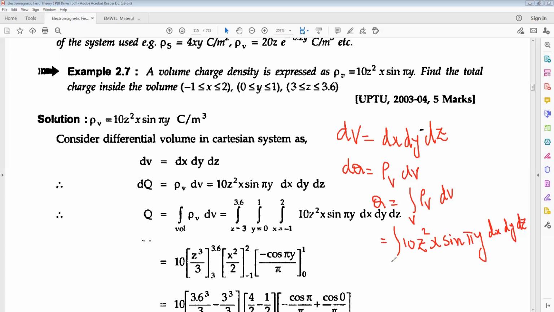So with respect to x, one integral, with respect to y, another integral, and with respect to z, another integral.